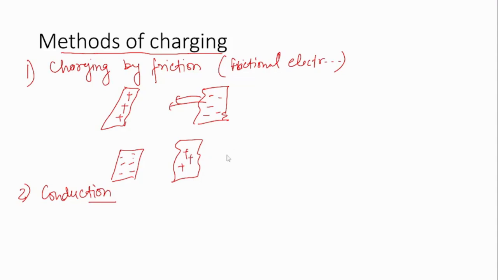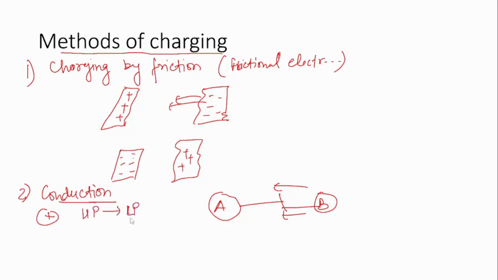If two bodies are connected, then electrons will get transferred between them. You know that positive charge flows from higher potential to lower potential, so electrons will flow from the body at lower potential to the body at higher potential until the potential of both bodies becomes the same.